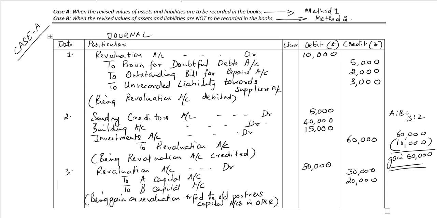So these are the 3 journal entries that we need to pass in the case A.